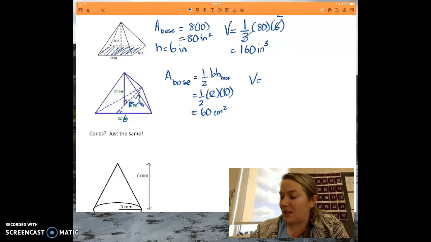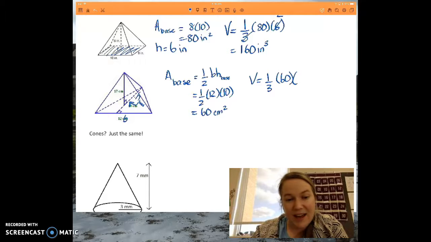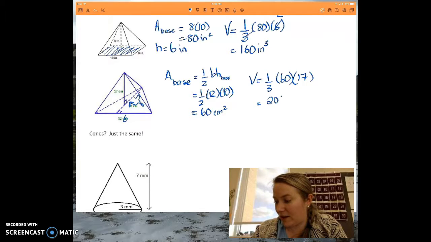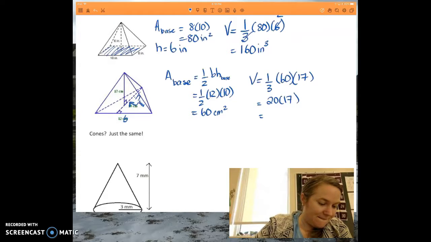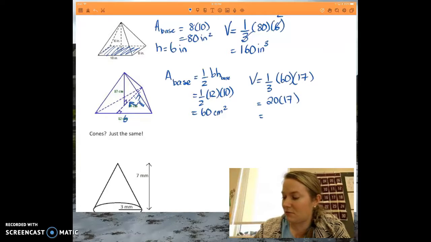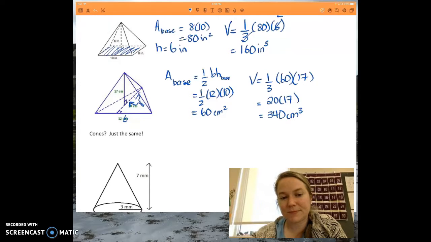So the volume is 1/3 area of the base, which is 60, times the height of the actual pyramid, which is 17. And that's going to be 20 times 17, which is 340 centimeters cubed. So it's always the same thing. Find the shape of the base, use the appropriate formula for area, multiply it by the height.